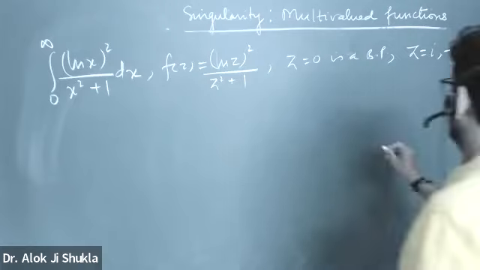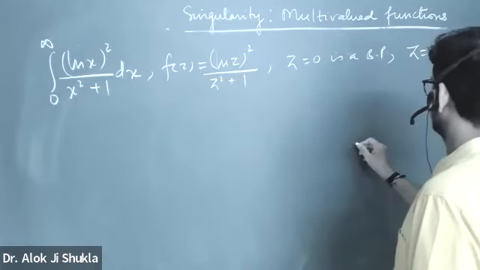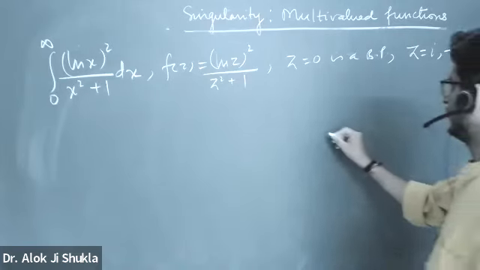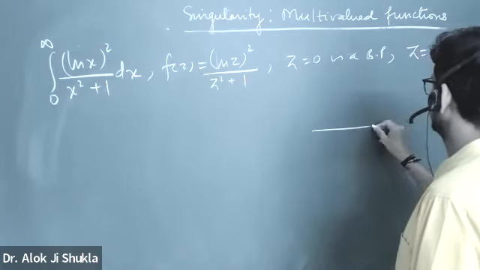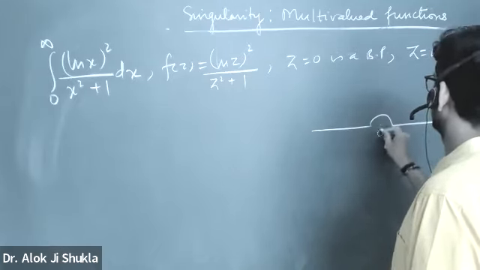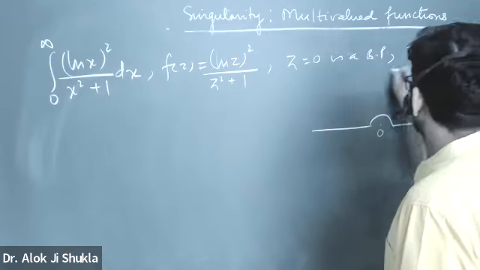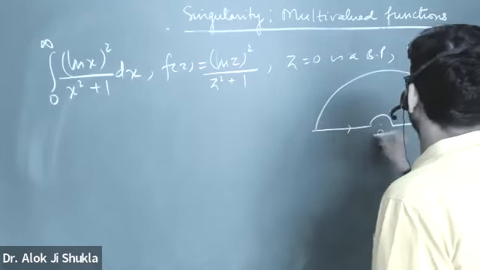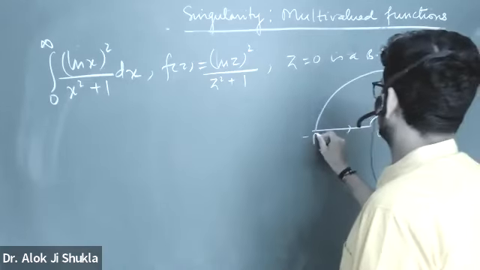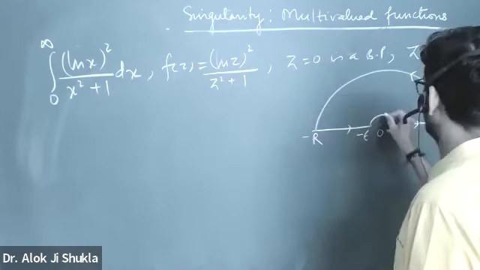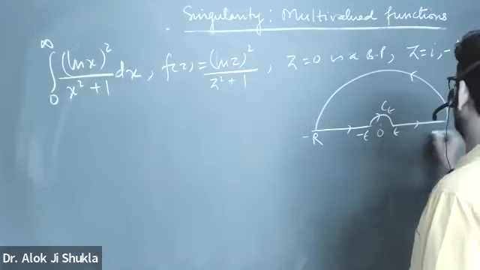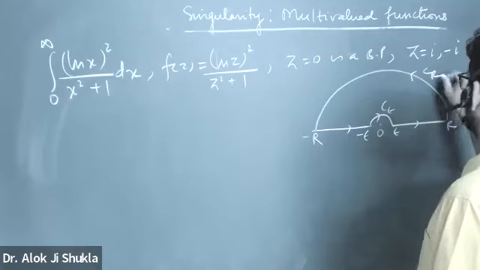Now, I will make the contour like this, avoiding 0. 0 is a branch point. The contour is like this. And this is, suppose, radius minus r, minus epsilon. This is the c epsilon contour. This is again epsilon. This is r. And this is the c r contour.